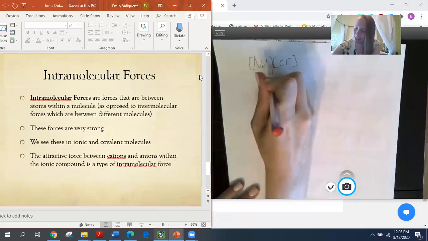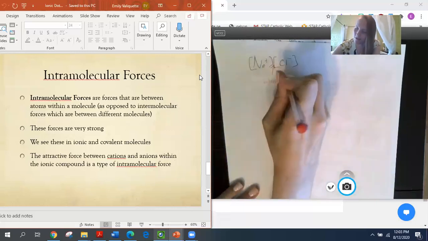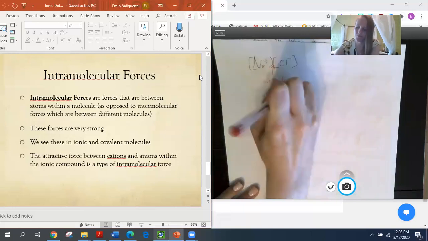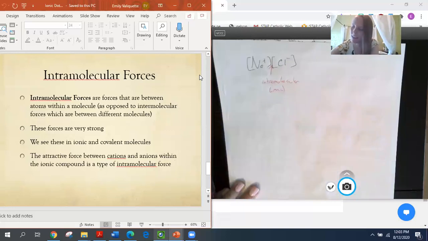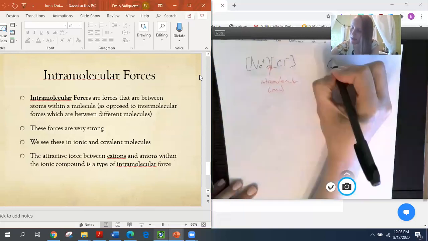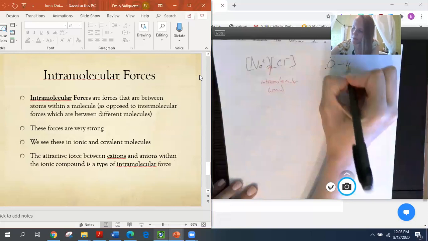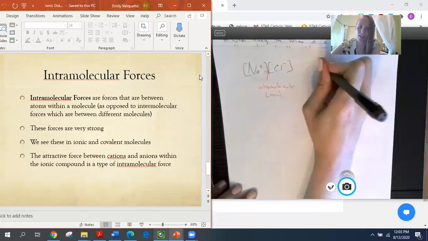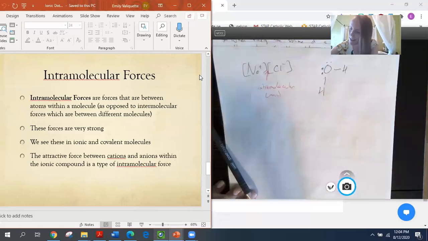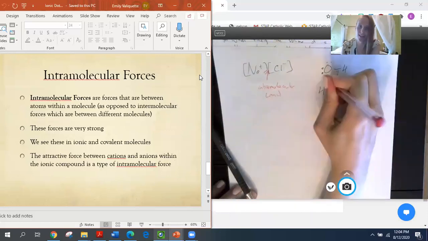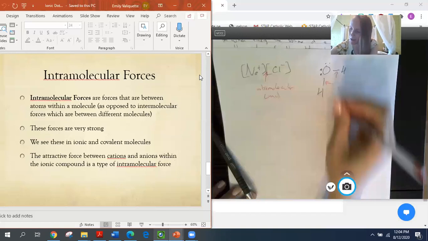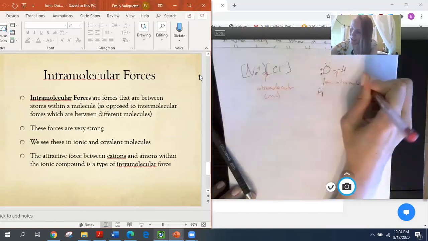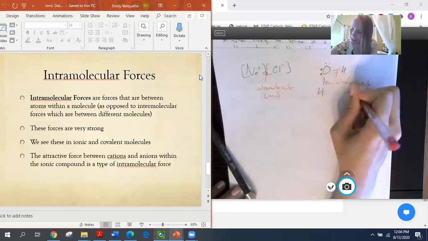That is an intramolecular force, specifically an ionic bond. You could also have something like water. A water molecule looks like this, H2O. These bonds here and here are covalent bonds. They're also intramolecular, in this case just covalent instead.